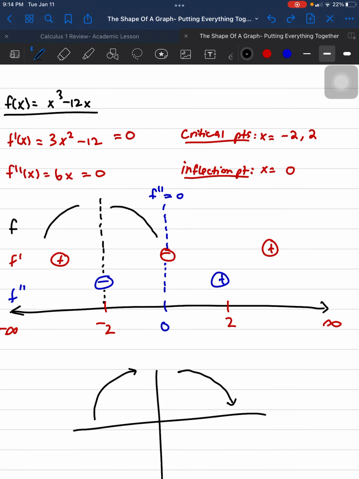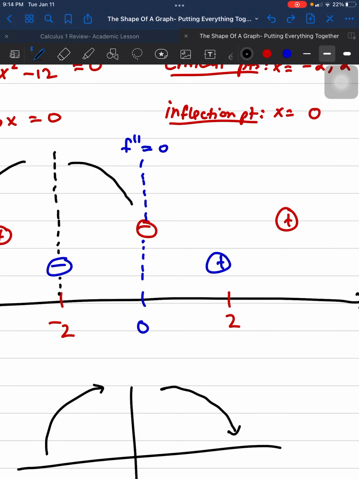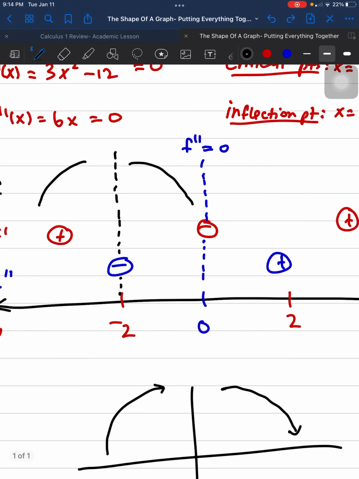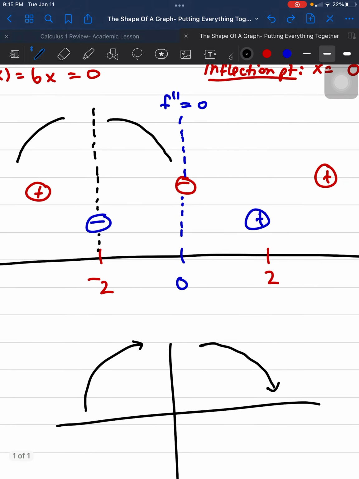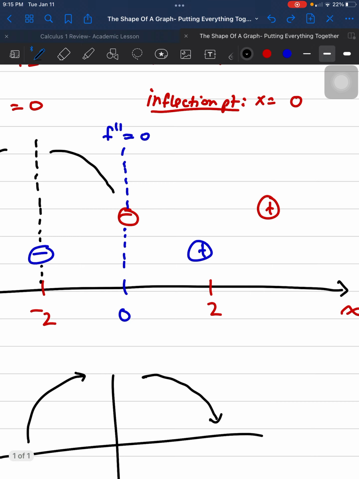Let's look at the first derivative of the function. It is negative between 0 and 2, therefore the function is decreasing. When we look at the second derivative test, the second derivative is positive between 0 and 2.